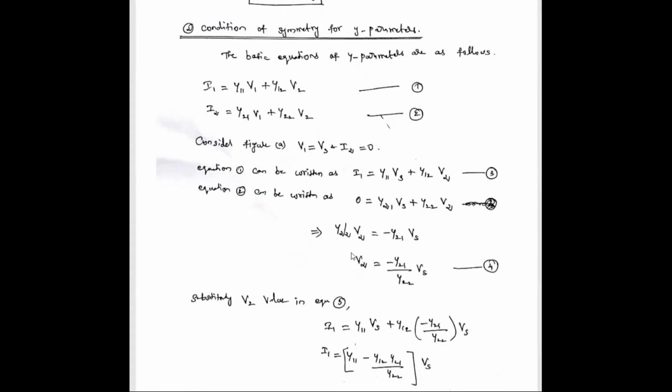Okay, so we have to substitute the value of v2 in this equation number 3. So in equation number 3 we will get I1 equal to y11 vs plus y12 into the v2 value, which is this one. So in both terms vs is common, so you just take vs as common and take LCM.